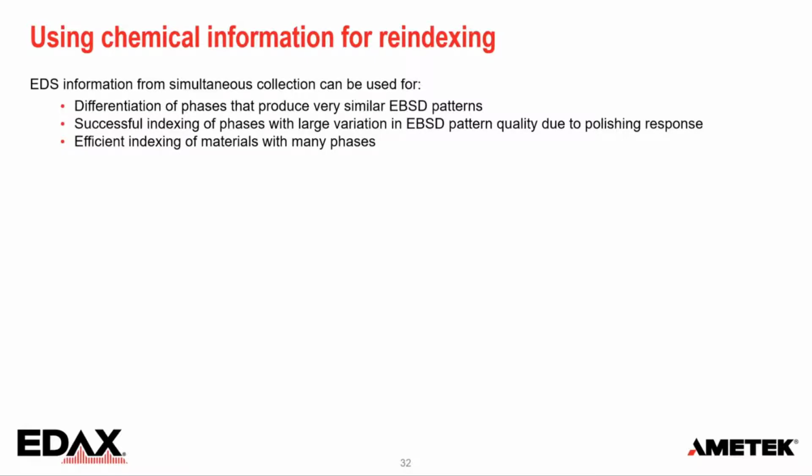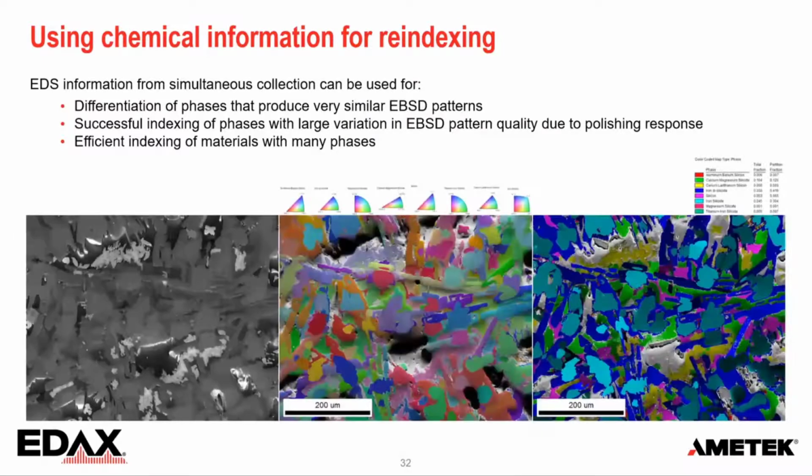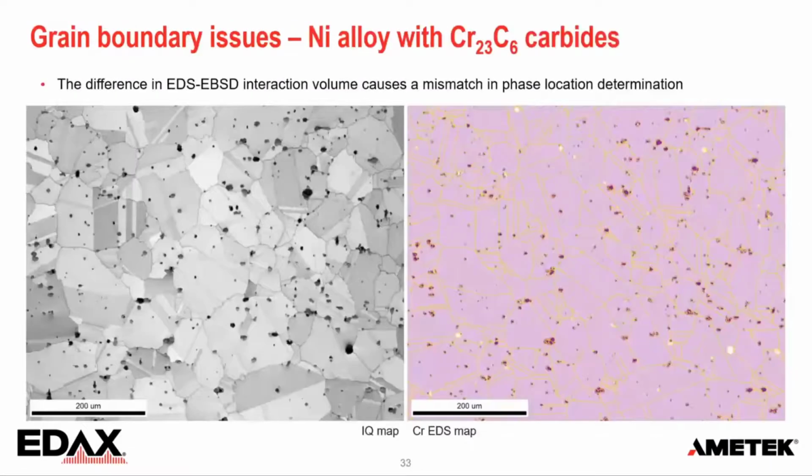And then you have very good and very poor patterns, and that can also easily cause misindexing. And you can also use EDS to separate out some of those poorly indexed phases, and as I've just shown, maximize that. So here, going back, this is this area after really adding all 8 phases. This was done using chemistry as well.